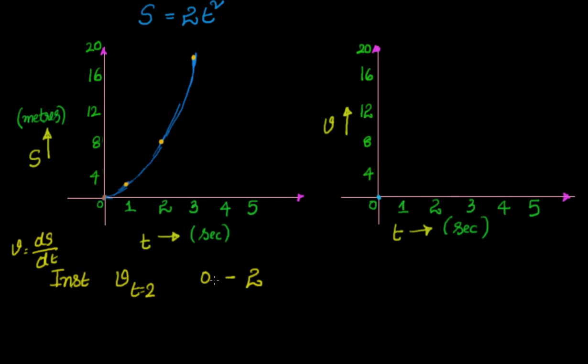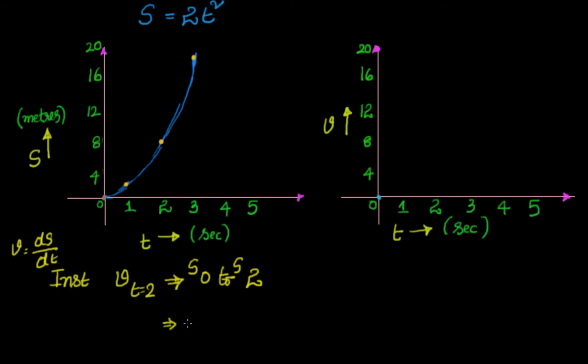So I can take the distance to find out the instantaneous velocity. I will take the distances covered between 0 to 2, and I will say s0 to s2 I can take.